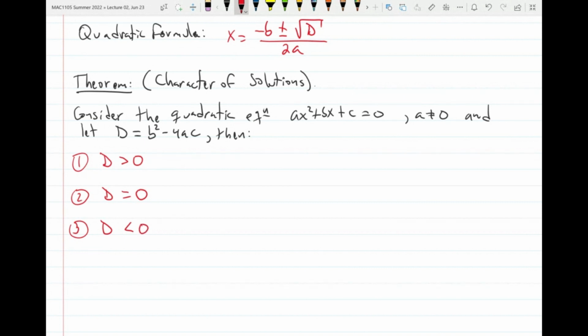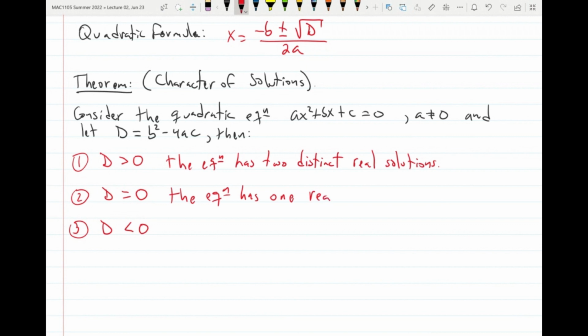And in each of these cases, we can say something about the solutions. So let's see, in the first case, what can we say? There are two solutions. Let's be more specific: two real solutions. Then the equation has two distinct real solutions. If the discriminant is equal to 0, what can we say? There's one real solution, and the equation has one real solution.